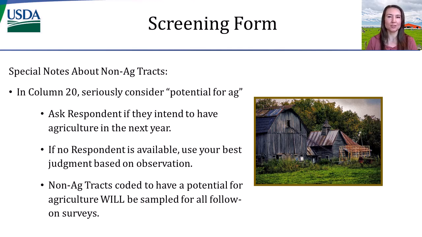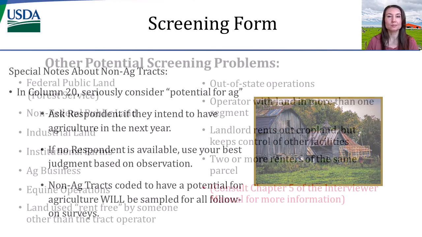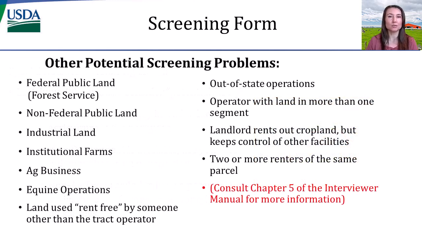If a non-ag tract is coded as having potential for agriculture, as in Code 1 or Code 2 in those checkboxes, then that tract will be sampled for all follow-on surveys, including the quarterly agricultural surveys, cattle, sheep, goats, hogs, labor, and others. The interviewer's manual discusses several other specific issues when you run into particular problems during screening, including several of those listed here.